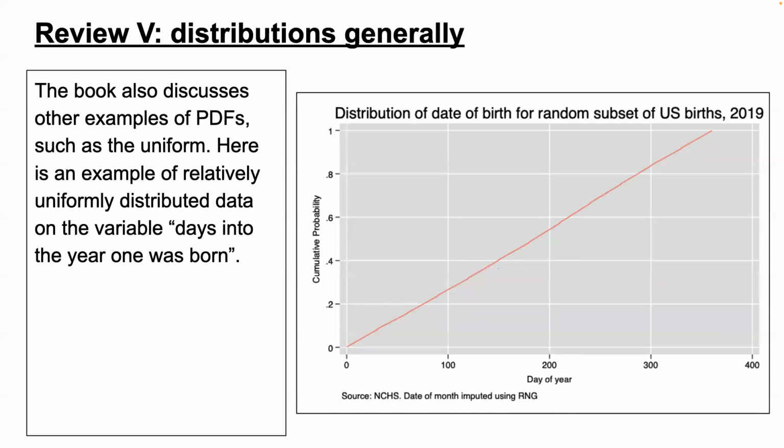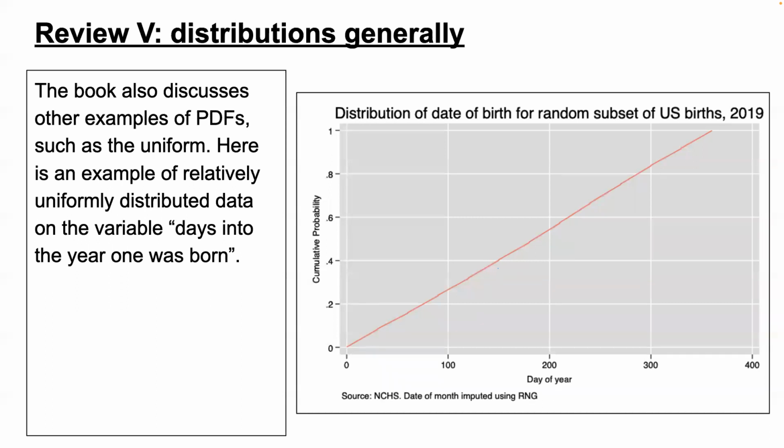So the book also discusses some other examples of probability density functions, not just normal. And they actually asked you at some length, although I didn't mention it in that lecture, to think about what a uniform distribution would look like. So knowing that this is the distribution of your date of birth for the United States in 2019, again, this is 2019 data because COVID messed everything up.